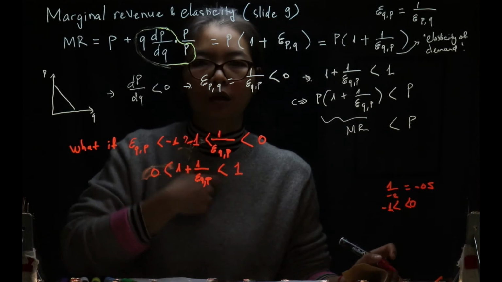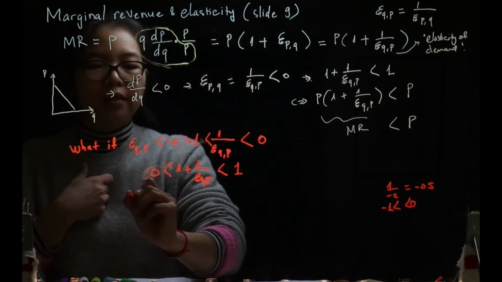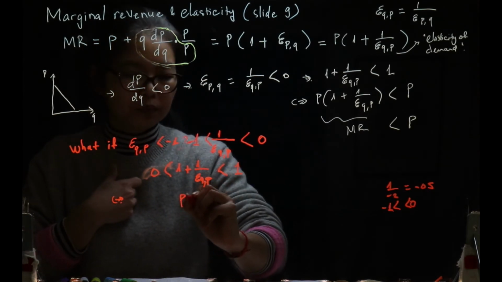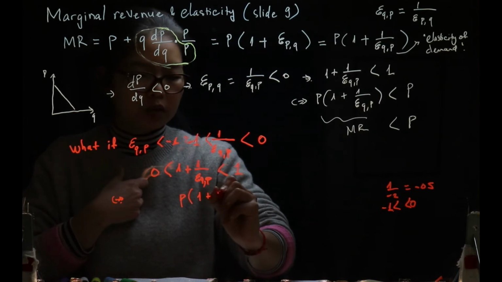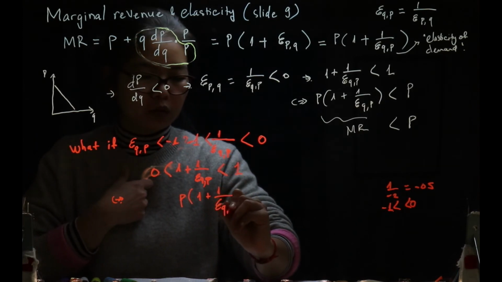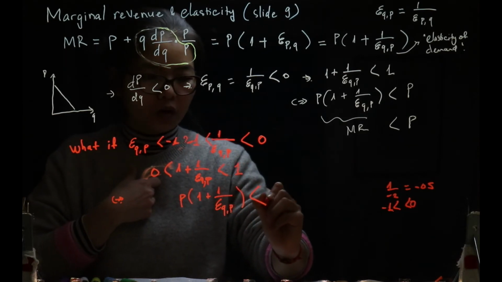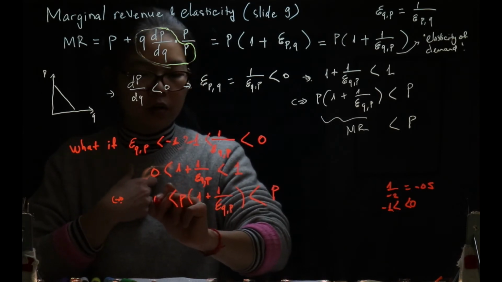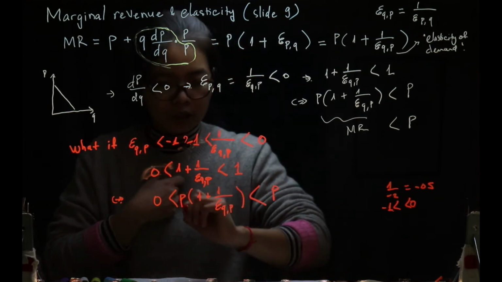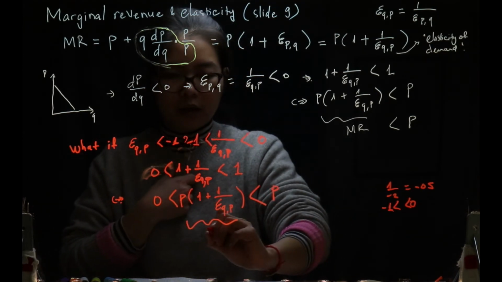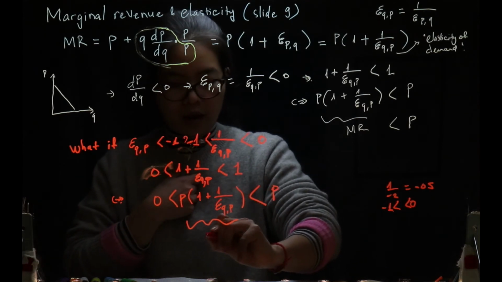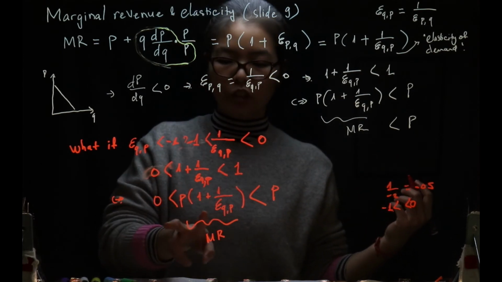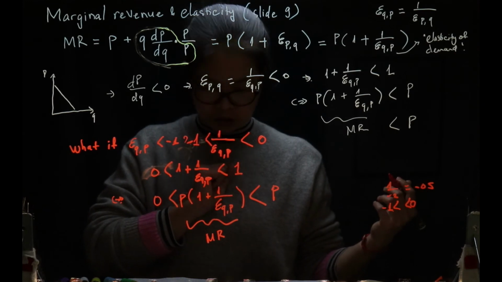So this term becomes positive. And then we would also have, again, times P for everything: P times 1 plus 1 over the elasticity of demand with respect to P is smaller than P, right? And still larger than 0. And this is the MR. That is what's being said by the second point on the slide, that the marginal revenue will be positive.